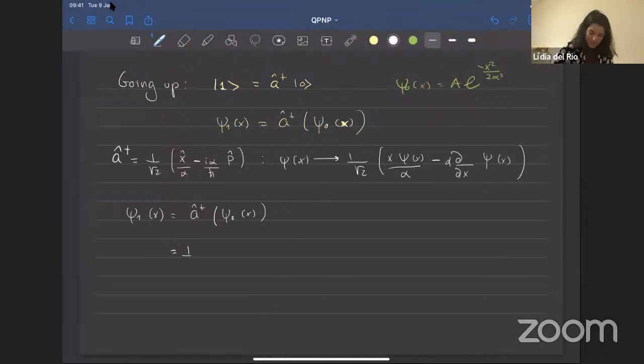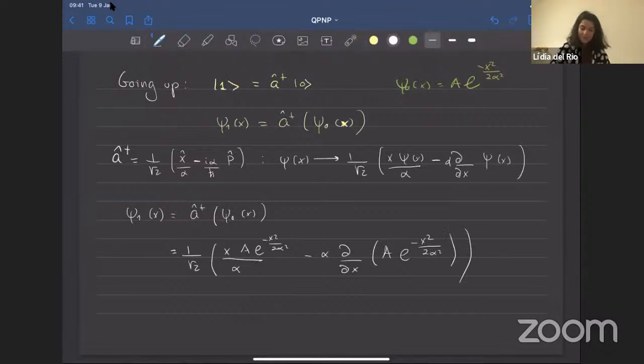So then what we have here is 1 over square root of 2 times x over alpha times this thing, A e to the minus x squared over 2 alpha squared, minus alpha times the derivative of this thing again, A e to the minus x squared over 2 alpha squared. And look, now we get to take the derivative. We can use this to prove that the other solution was the right solution. Okay, first part stays the same.